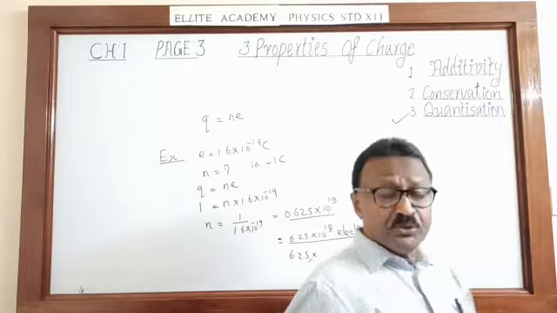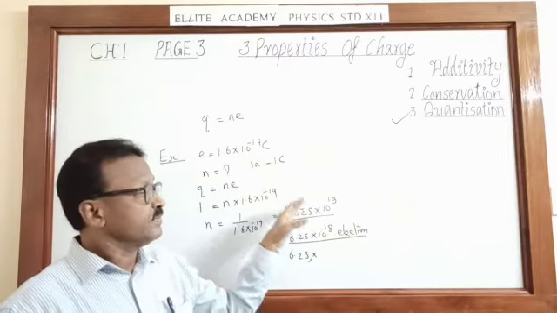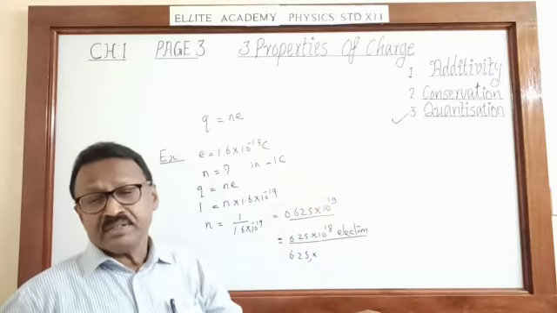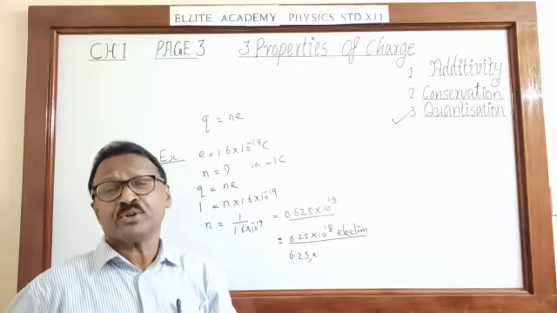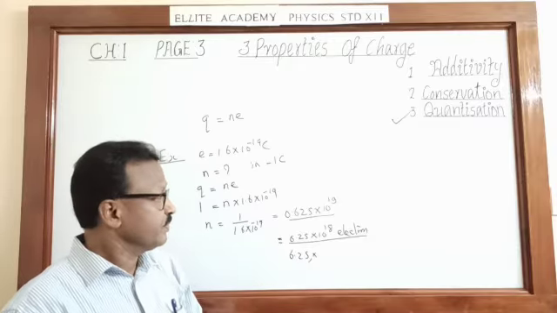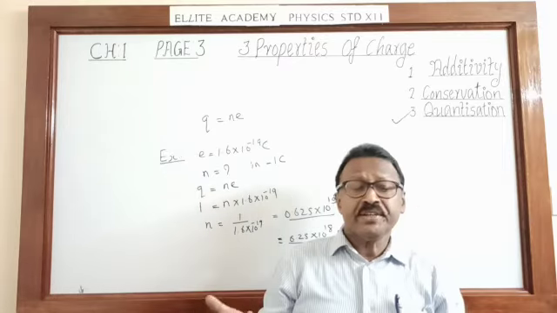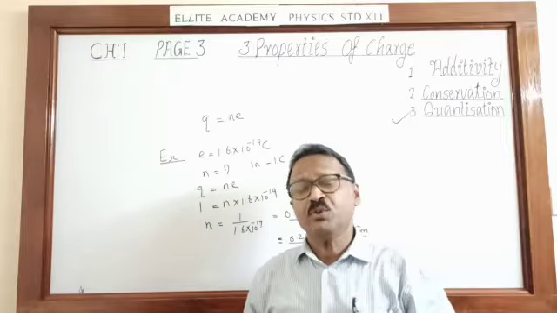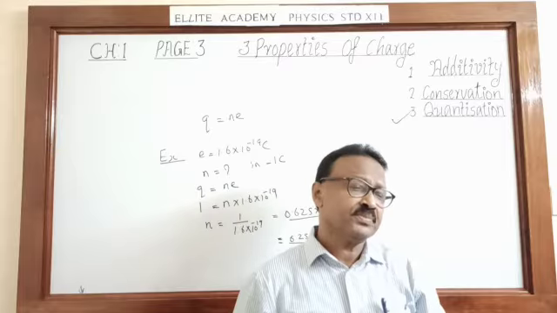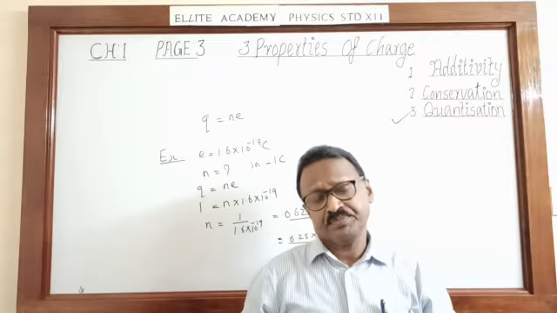Now, from today's discussion of charging by induction, then grounding, and then pages 2 and 3, in short, here is what we require from the exam point of view. For page number 2, we must have that idea. What is the importance of earthing or grounding for our electric connections? It protects the instruments from damage due to electric shock.